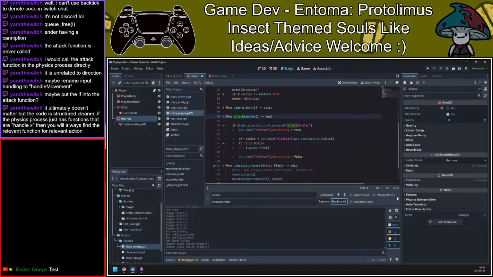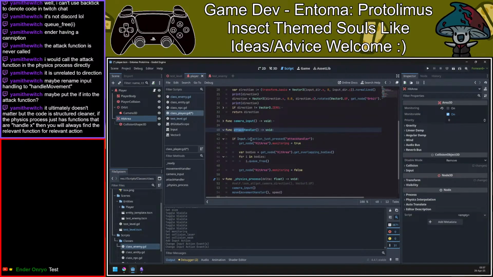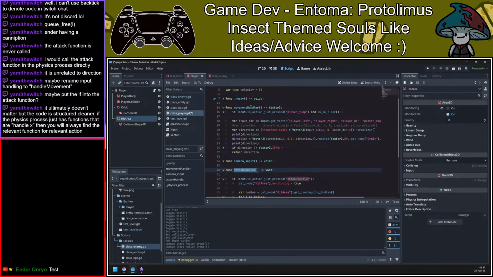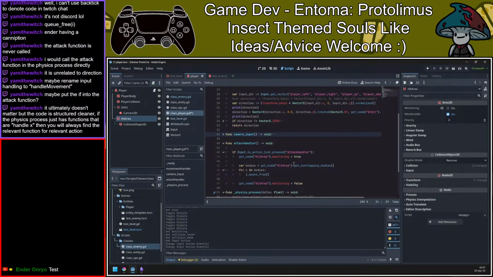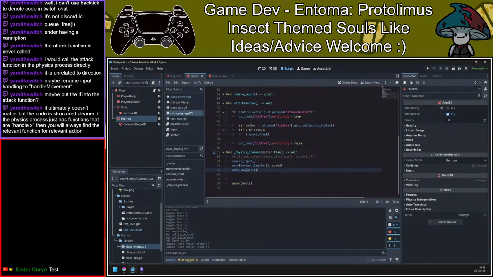Except my naming conventions are never going to be static. It doesn't matter, but the code is structured cleaner. If the physics process just has functions that are handle X, you'll always find the relevant code.